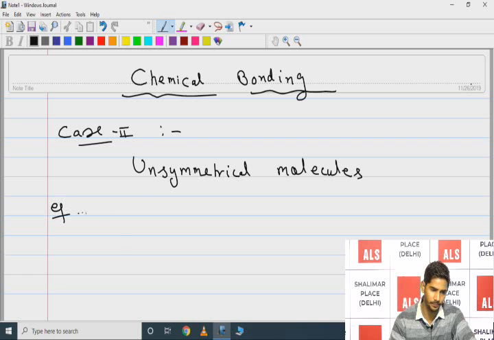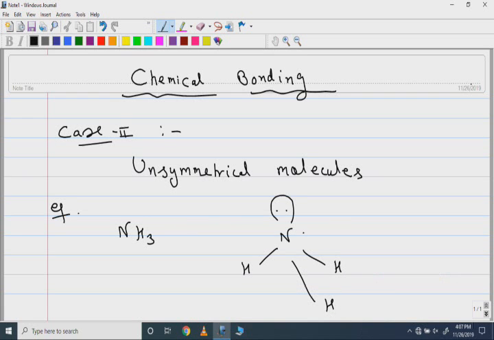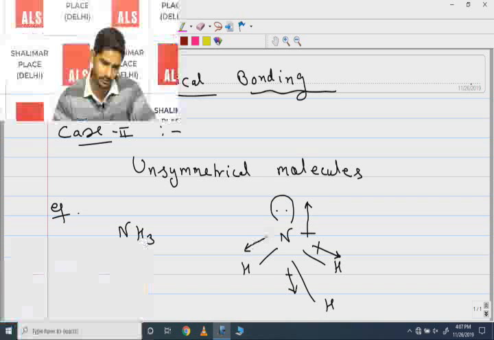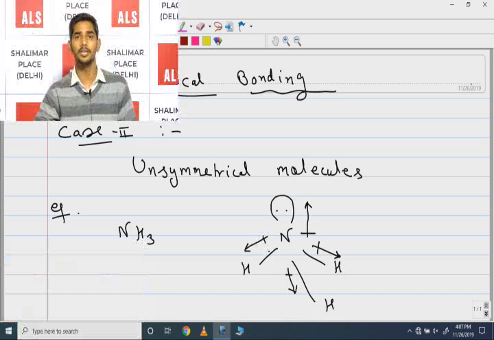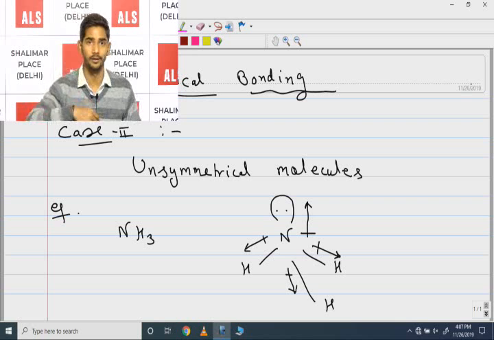Let's take an example of ammonia. See, we can draw ammonia like this. If you check, this should be the direction of the dipole moment, this and this. You can see that the 3 dipoles are moving away from the effective center, which is the nitrogen, and one is moving in another direction.